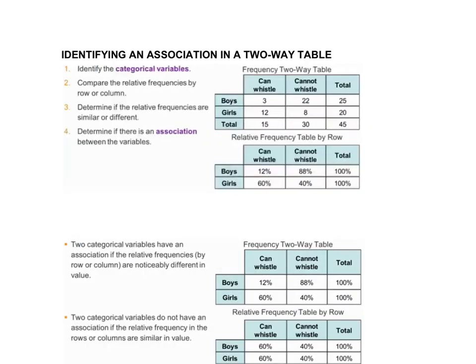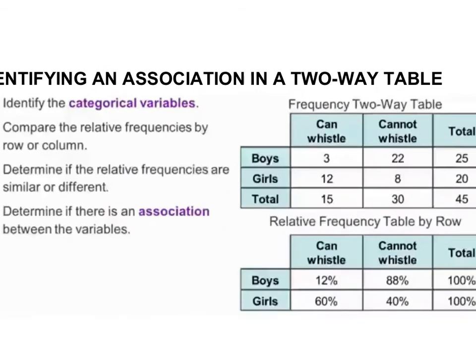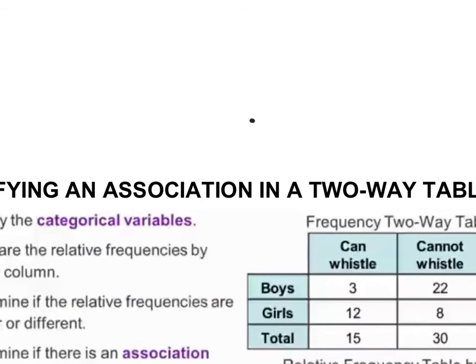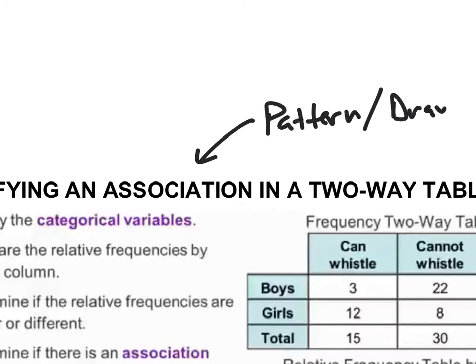On this last page, what we want to do is determine if there is an association in a two-way table. Just looking at our numbers here, it's hard for us to see if there is a pattern, and that's what an association is: identifying a pattern, so we can draw conclusions.